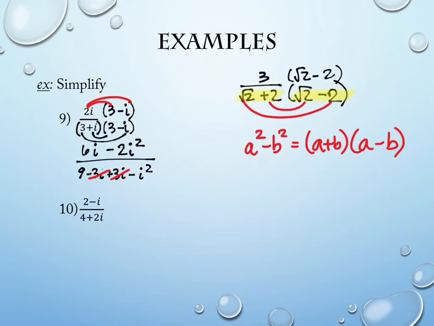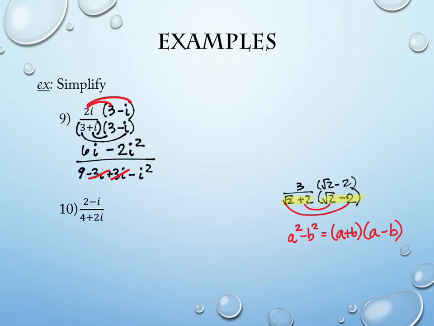So each of my locations right now where I have an i squared, I'm going to rewrite them as negative 1. So on the top, I have 6i minus 2 times negative 1. On the bottom, my inner and outer terms canceled, right there. So I have the 9, and I have the minus, and i squared is negative 1.